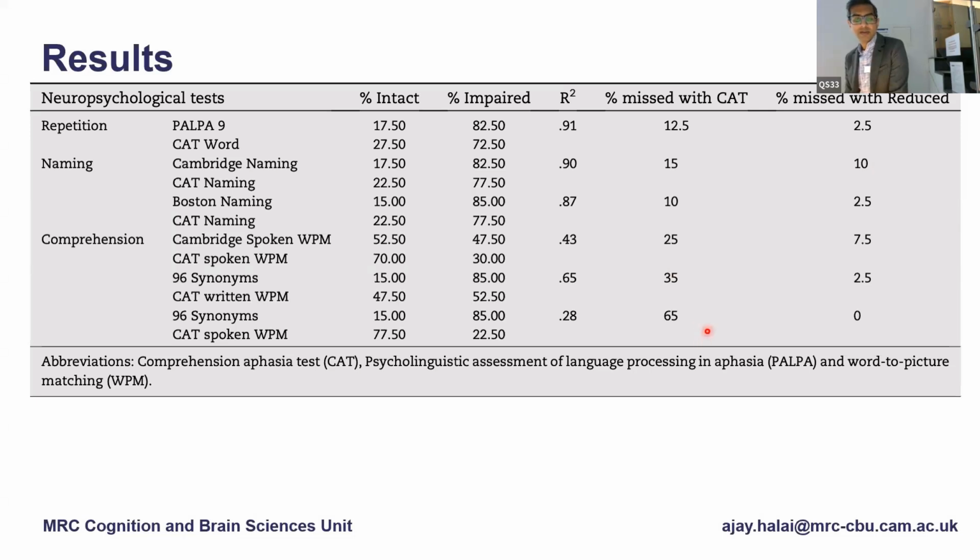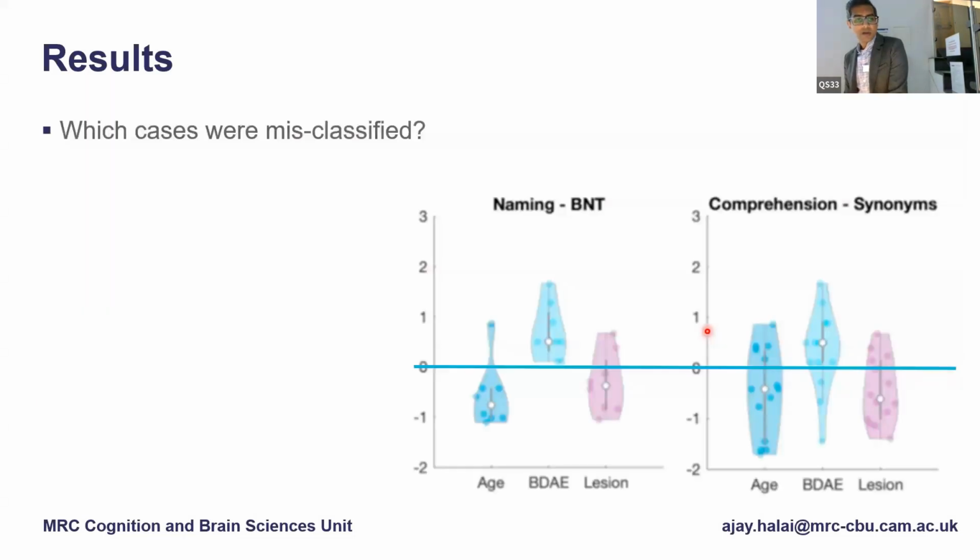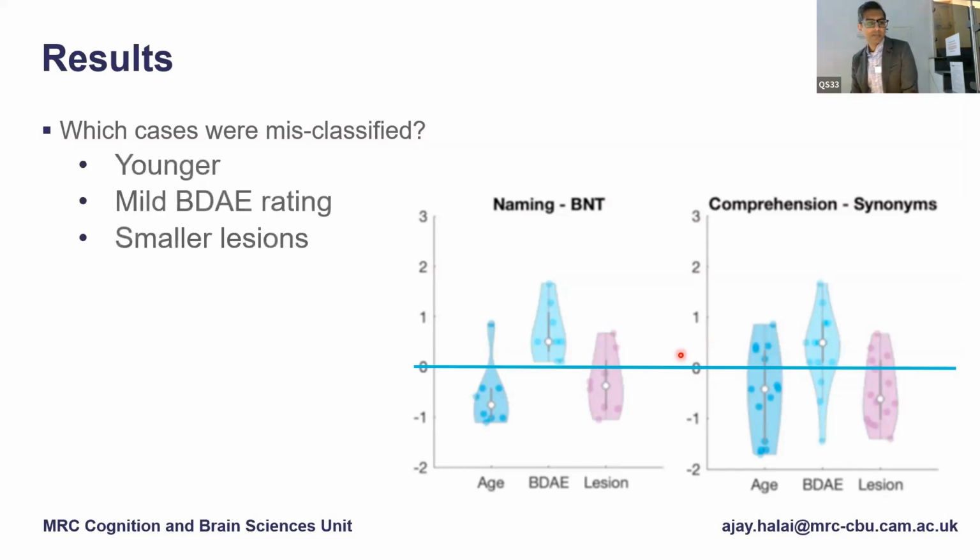We wanted to see who the cases were that were being identified, and they essentially were the younger, milder cases with smaller lesions, which probably makes sense because these deficits are harder to identify, and you need more subtle and more in-depth testing.